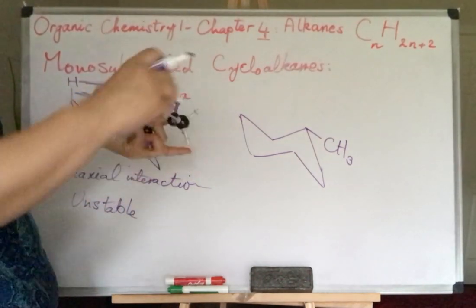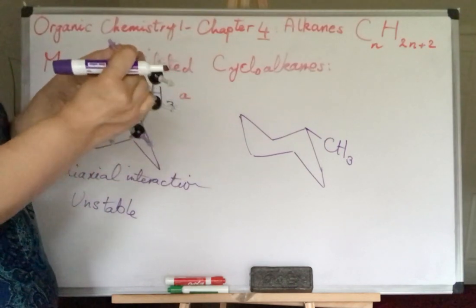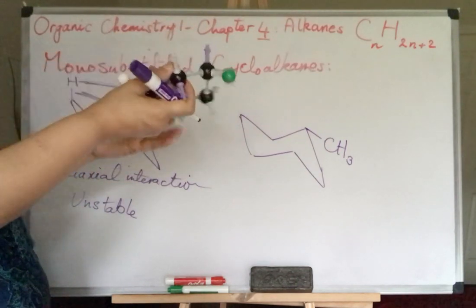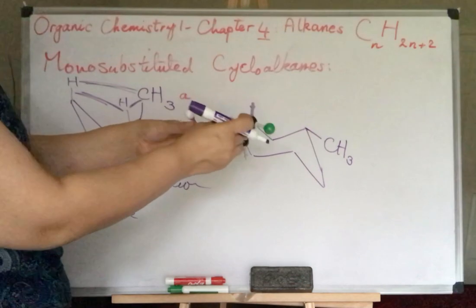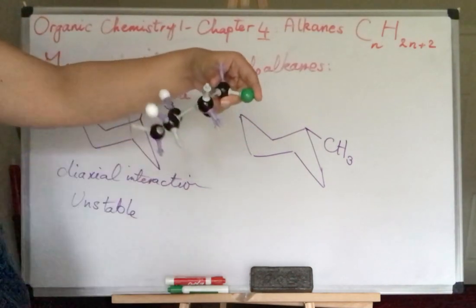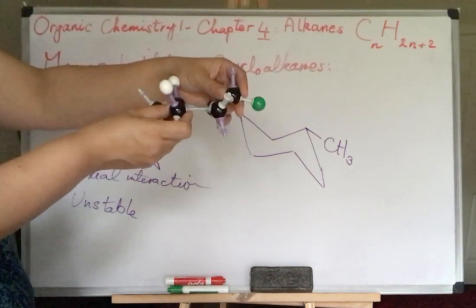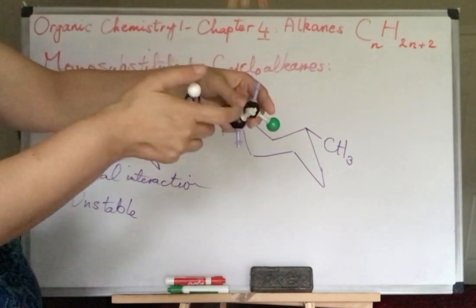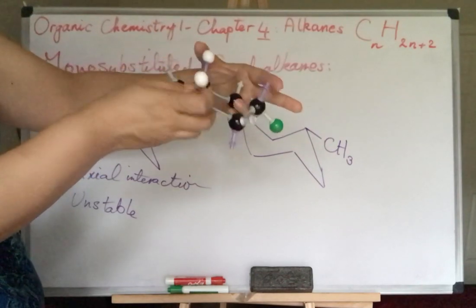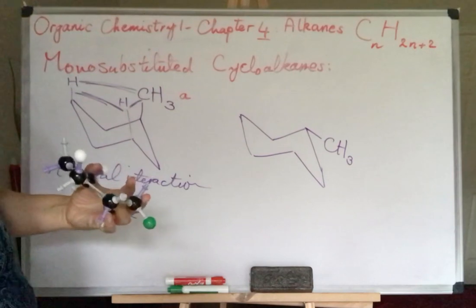But let me change the CH3 to its equatorial position. I'm still working on the same conformation. Can this equatorial position have any interaction with the axial? No, they're far away from each other. So which one is going to be more stable?